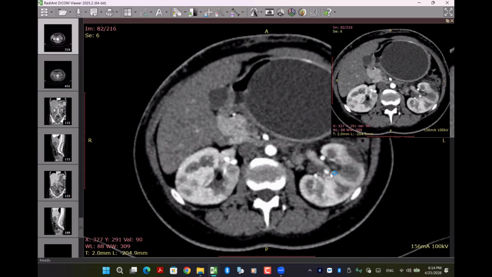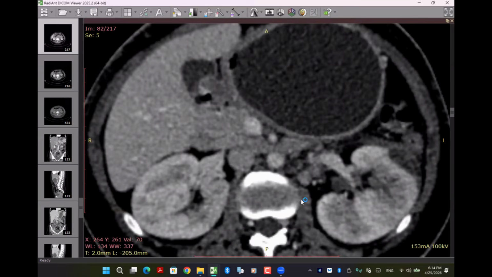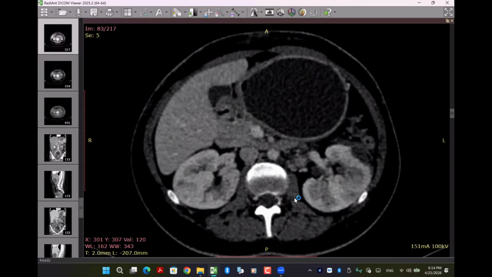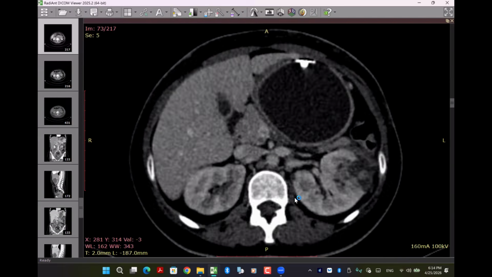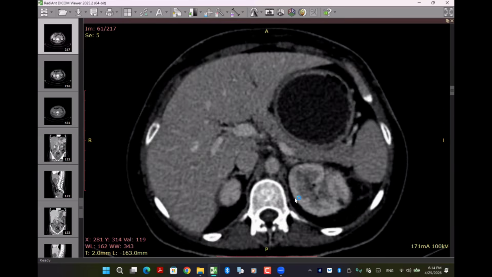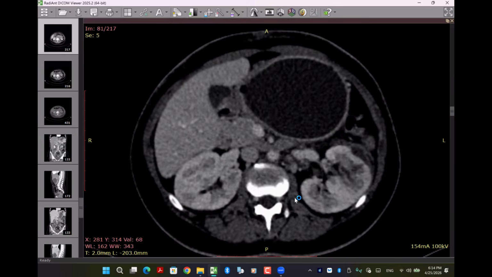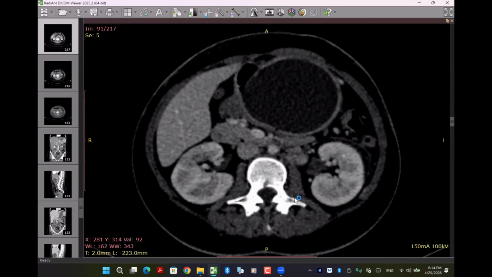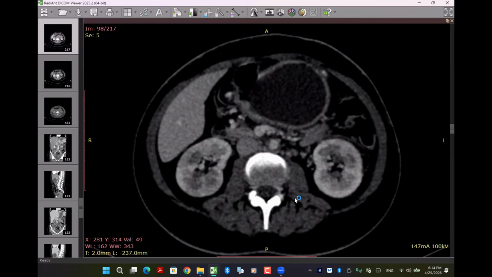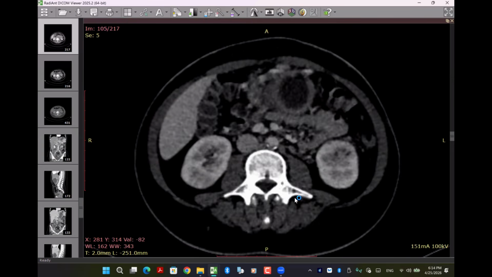It is scalloping and indenting. This is the second phase. It is more prominent in this nephrographic phase, and I would like to further see the excretory phase to complete the study.